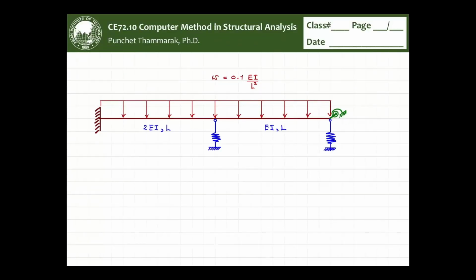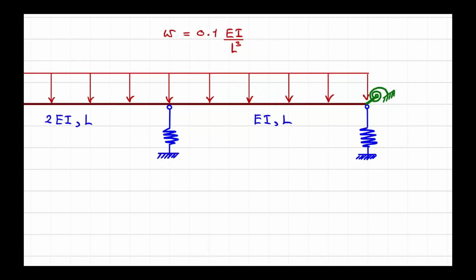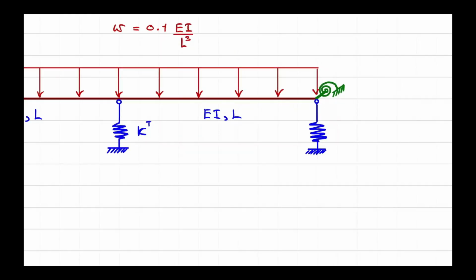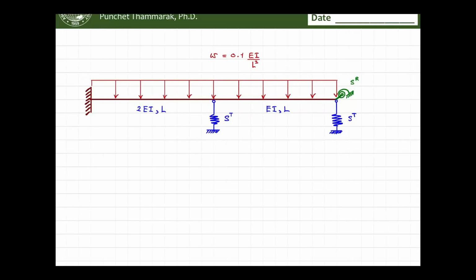The vertical spring, well, I name it spring T, the translational spring, and this is the spring R, the rotational spring.